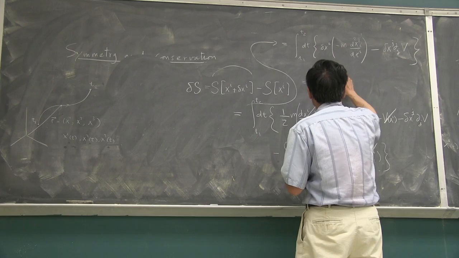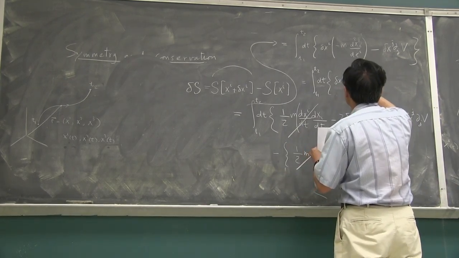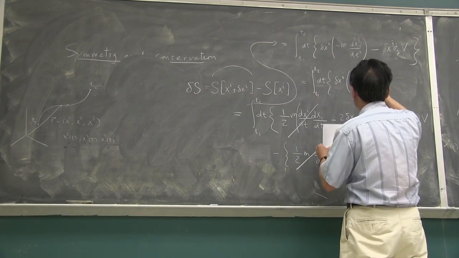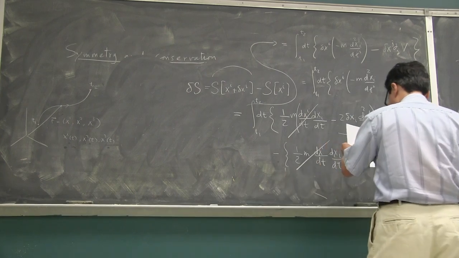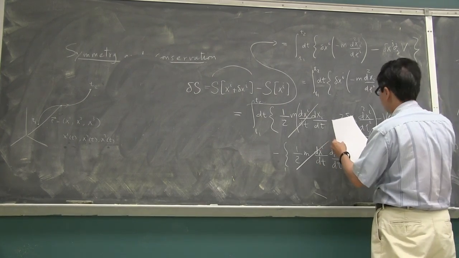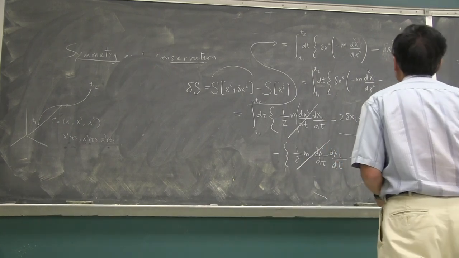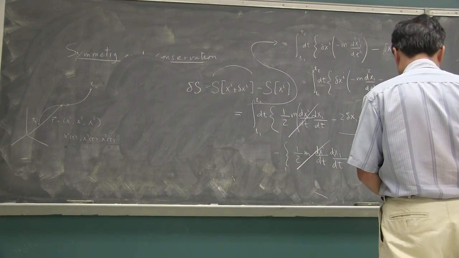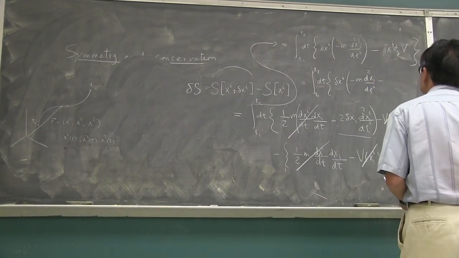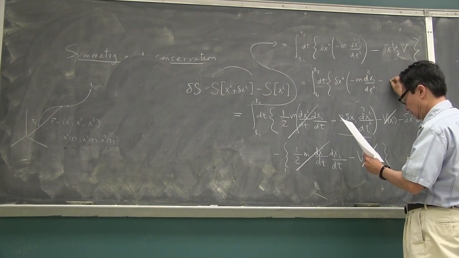Now I'm going to factor out the delta xi. So I have first term minus m times the second time derivative of xi, minus, let me write it like this. This is actually a j in here, but if I factor out delta xi, I have to write delta.